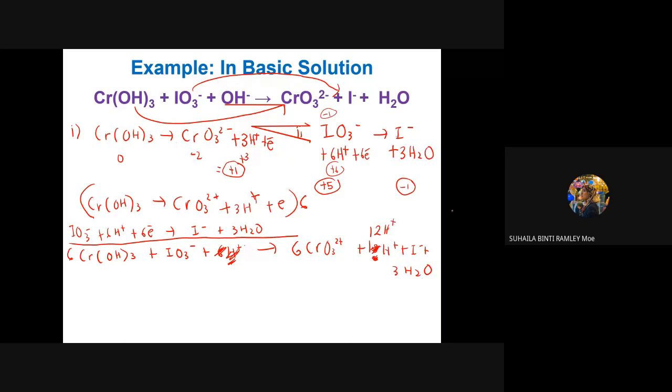Okay, now we want it in basic solution. So for basic solution we add OH minus on both sides. How many OH minus? It depends on how many H plus we have. We have here 12 H plus, so we add 12 OH minus. So 12 OH minus here and 12 OH minus here.